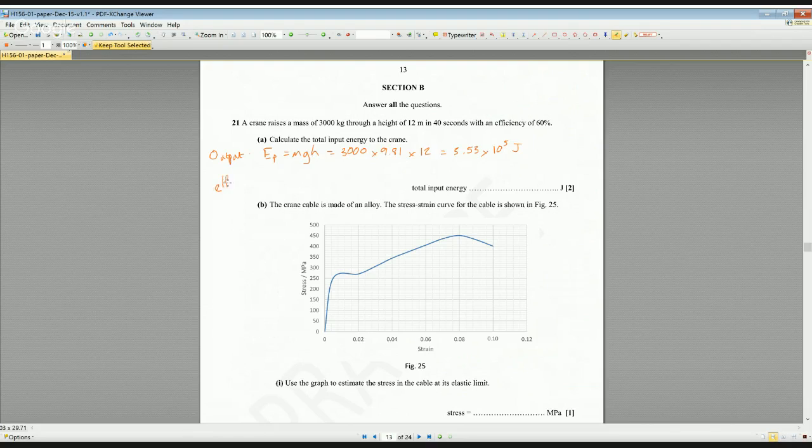We know that efficiency is equal to the output divided by the input. And we can rearrange that to get the input, which is what we're interested in, is equal to the output divided by the efficiency.